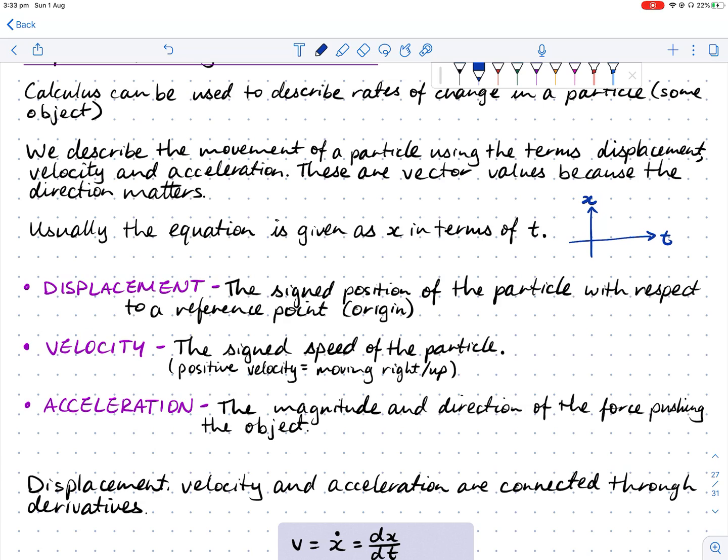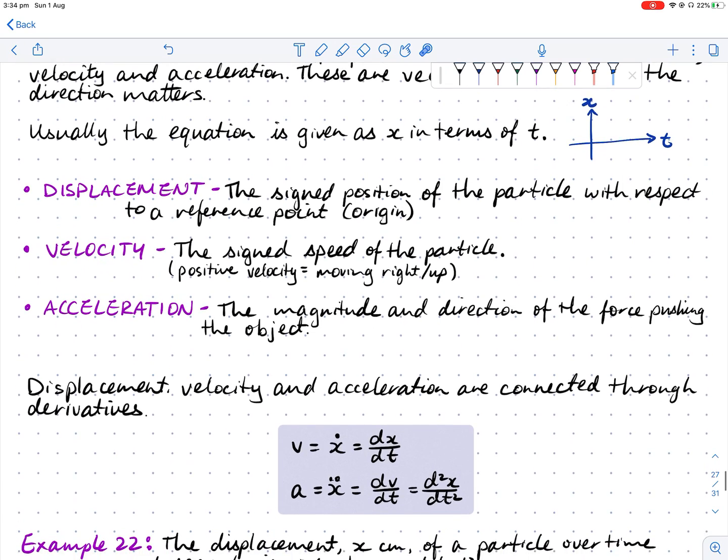That's going to be weird for you because we're used to the vertical axis being called the y-axis, and x is usually the horizontal. But in these sorts of questions, our dependent variable is actually x, and the independent variable is time. So we specify a time and then we measure the displacement. That's why we use x on the vertical axis. And you saw that written in the examples you had to work through last lesson.